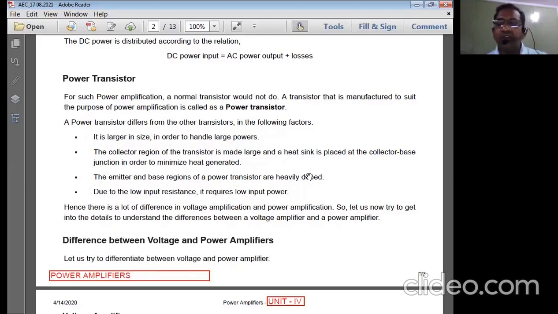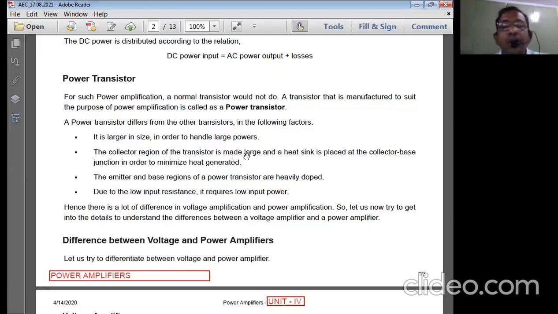If the signal levels become more than its withstanding level, then what happens? The transistor is simply going to get burnt off. So to resist the transistor from getting burnt off, we have to control the transistor. Therefore, controlling means what? Why will the transistor get burnt off? Because of excessive heat. So the heat has to be controlled.